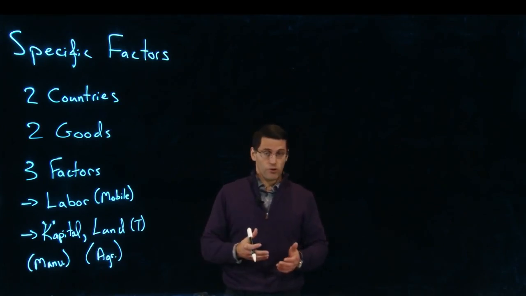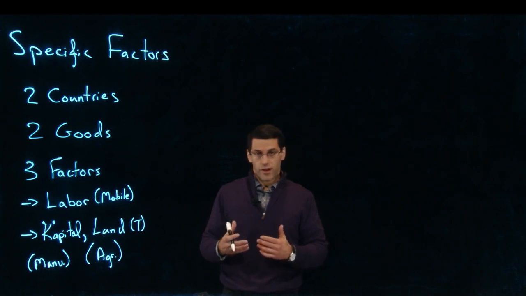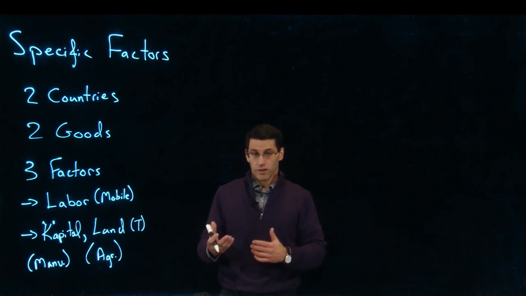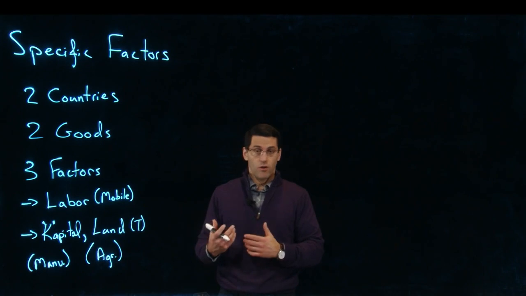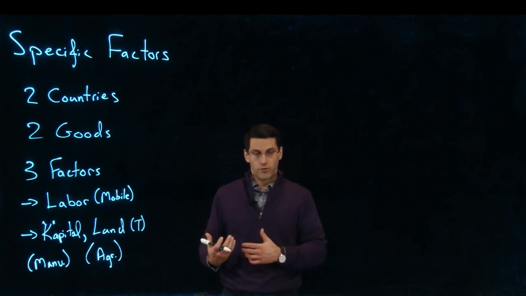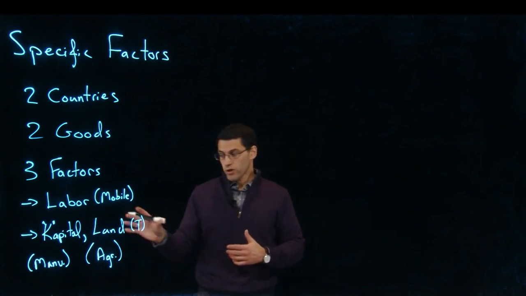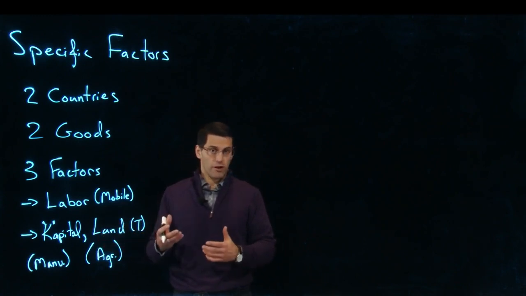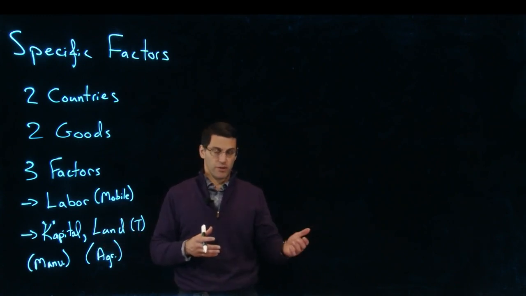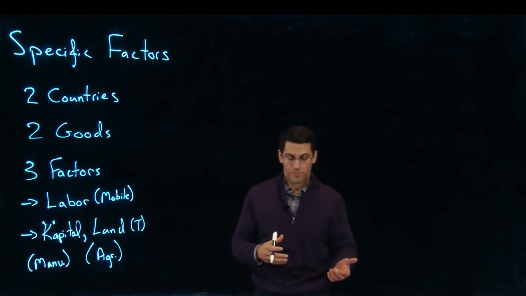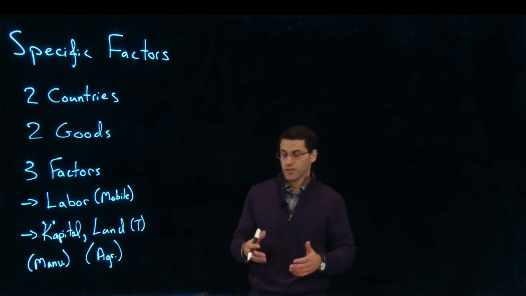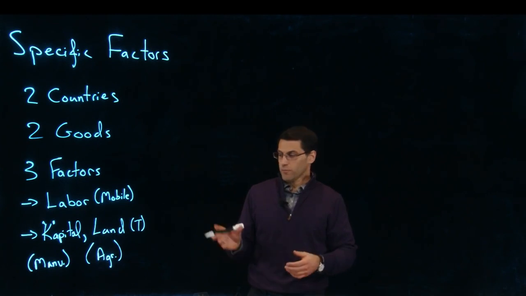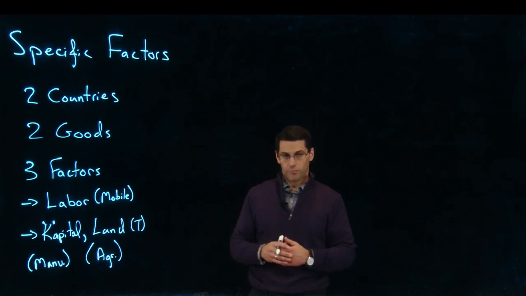So later on in the course, when we look at the effects of foreign direct investment, so capital inflows, or immigration, labor inflows into a country, we're going to use this model for our short-run analysis. And we're going to use the Heckscher-Ohlin model, which we will develop in the next video, for the long-run analysis. So we do get some interesting insights and some mileage, if you will, out of this specific factors model.